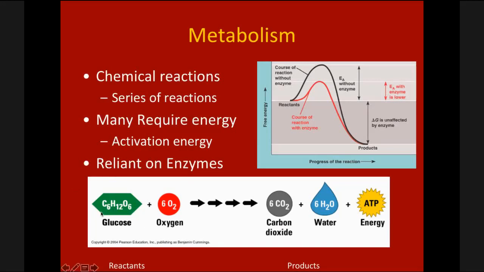It's not just magic, all of a sudden that glucose is going to break apart and you're going to release and cycle ATP. There's a whole series of chemical reactions that happen in the process of converting your reactants into your products. They're going to require ATP energy, and you're going to be using all kinds of different enzymes to get those reactions to occur.